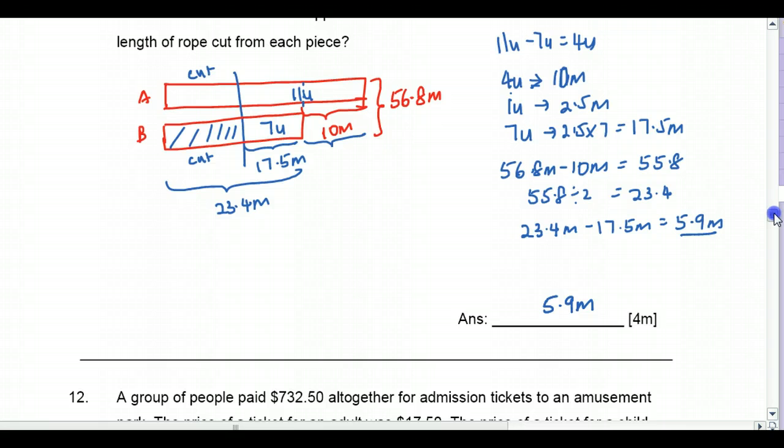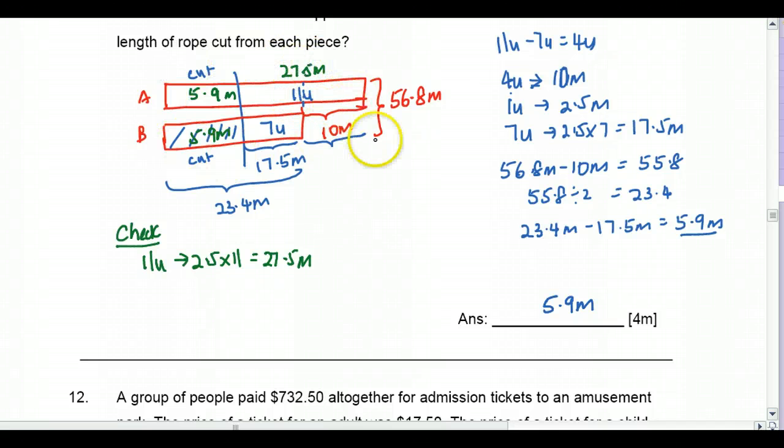Okay, let's see if I can check my answers. Right? So I know that my 1 unit is 2.5. 11 units will be 2.5 times 11, which is 27.5 meters. And if I add up all my parts here, so I know this is 5.9 meters, 5.9 meters, 17.5, and this is 27.5 meters.